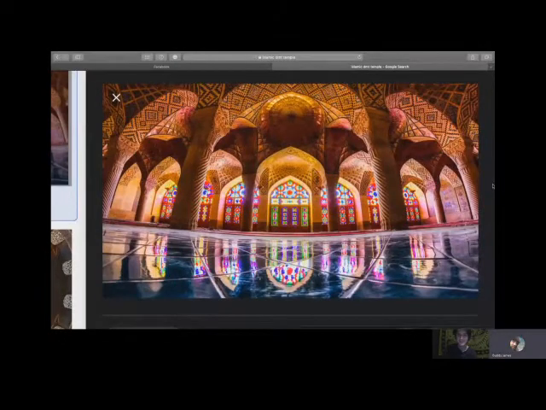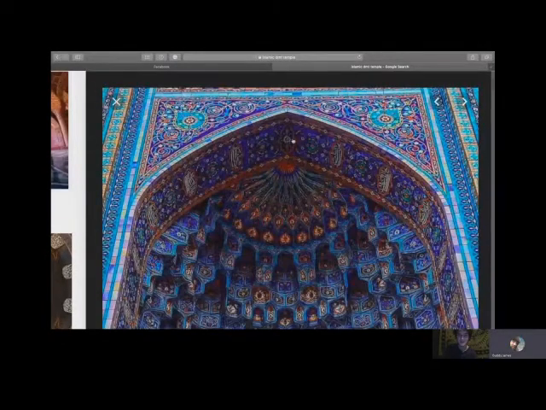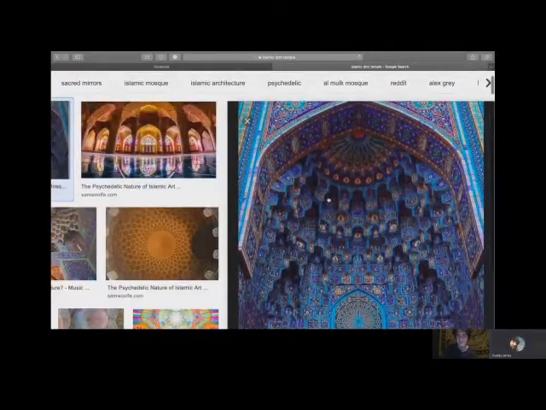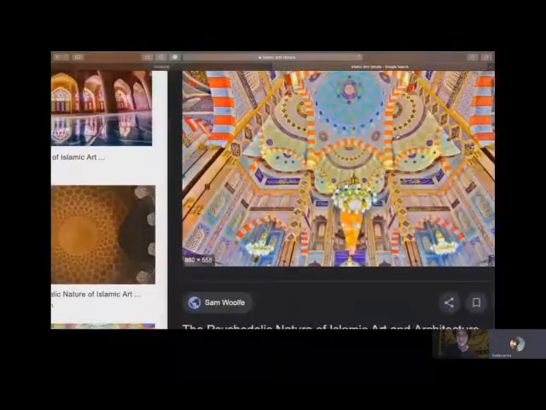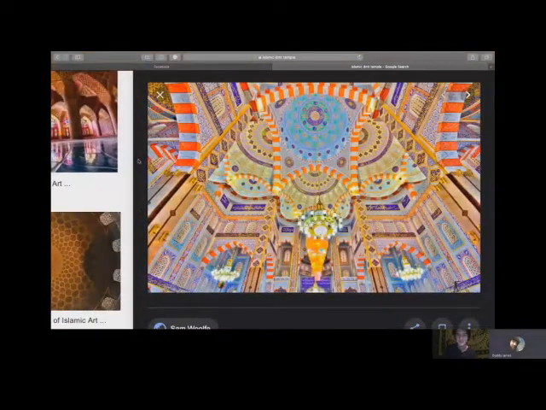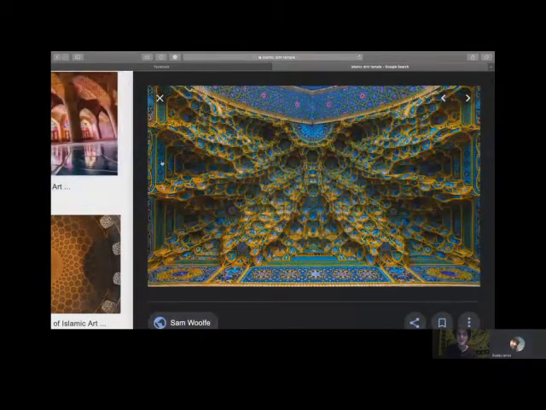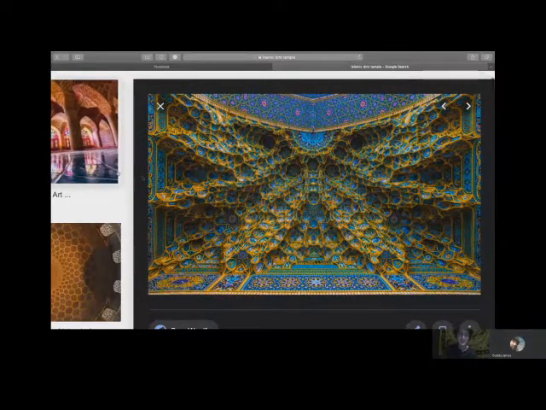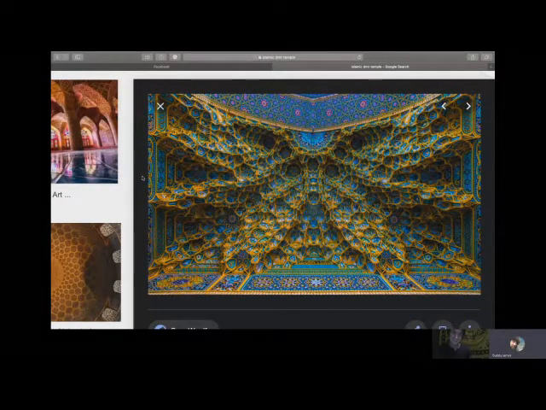Can you go back one, please? Absolutely. One more. Oh, yeah, that one was it. Sorry, I just didn't see the bottom of it. Okay. Yeah, and that's a ceiling. Jeez. Wow, look at that fractal.